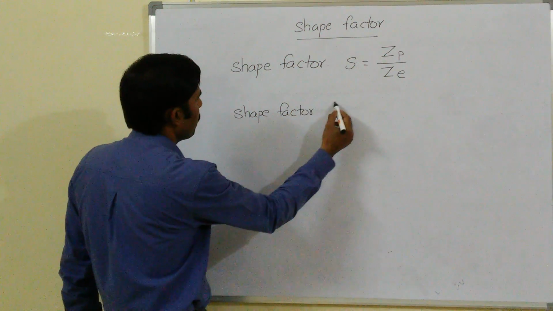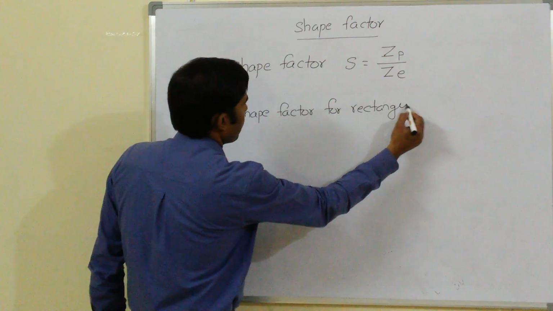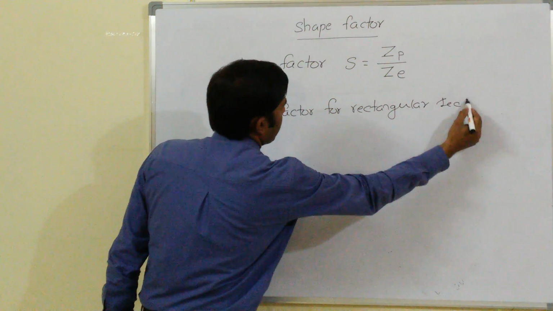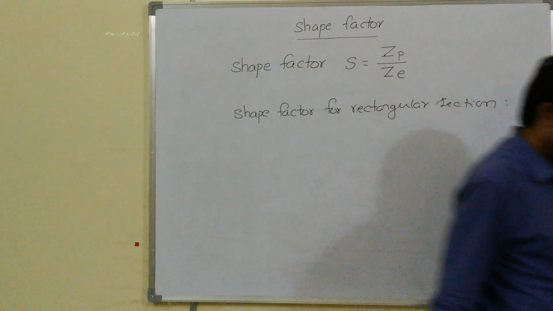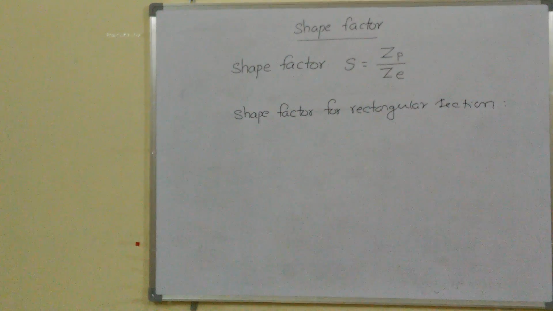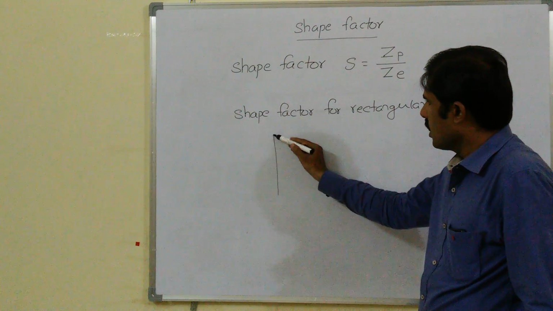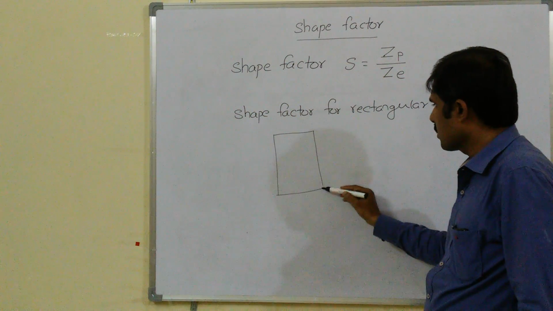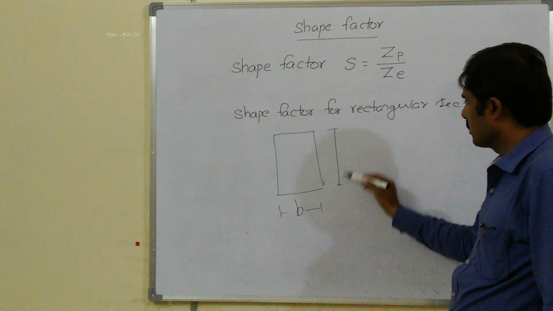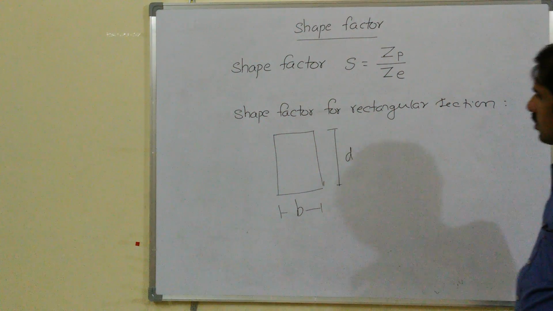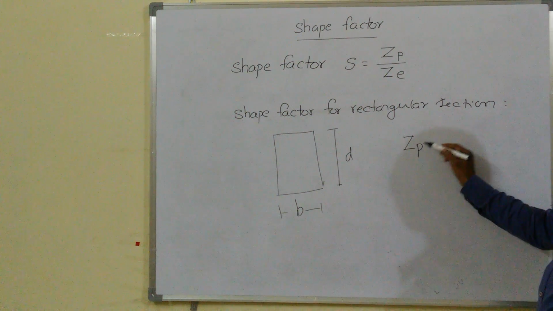Shape factor for rectangular section. If you take a rectangle of dimensions B and D, what is the plastic modulus for this rectangle?